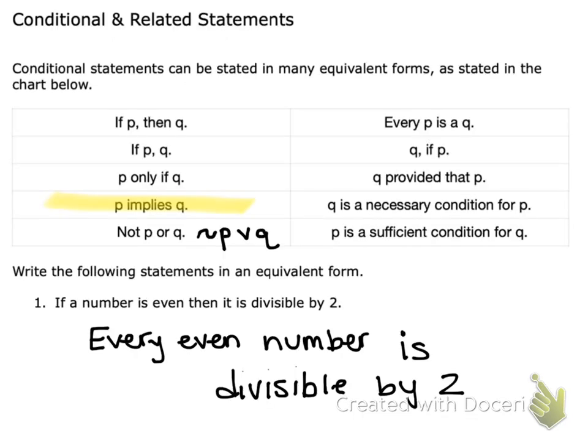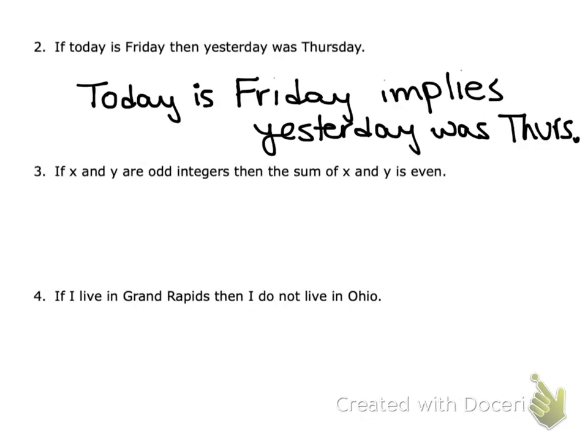Okay, for number 3, let's try this one. How would we say that? Yeah, Hannah. The sum of x and y is even, provided that x and y are odd integers.